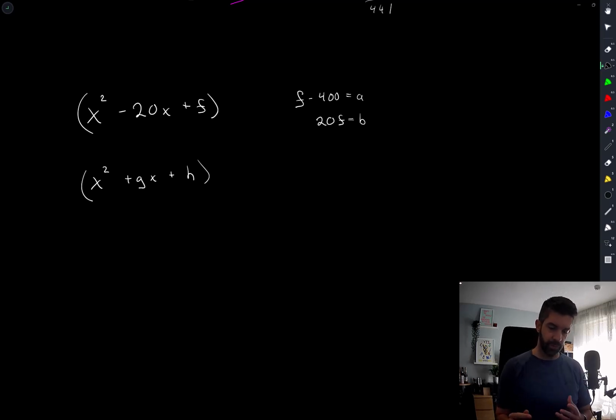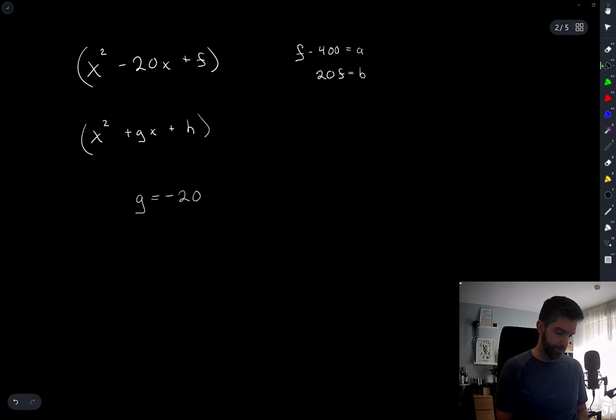Complex roots of real quadratic polynomials come in conjugate pairs. So this says that g is also equal to negative 20 and f is equal to h.